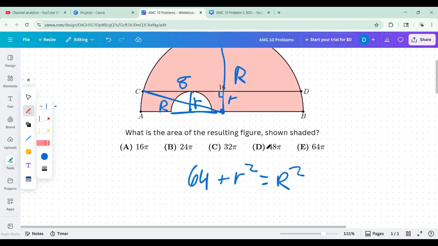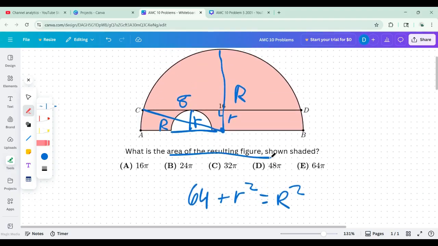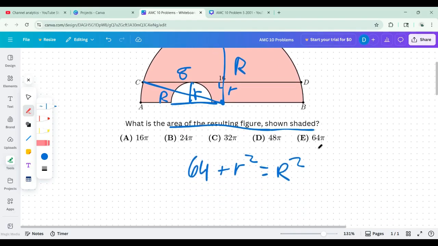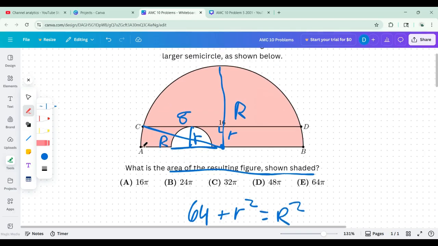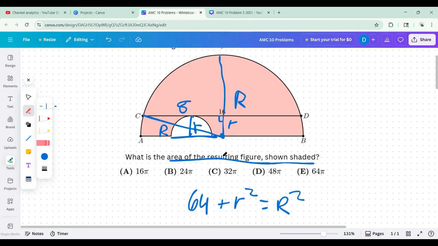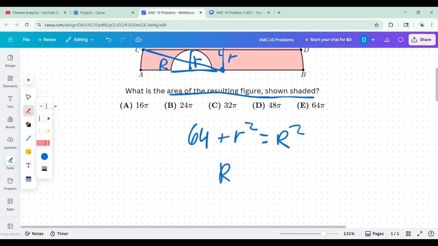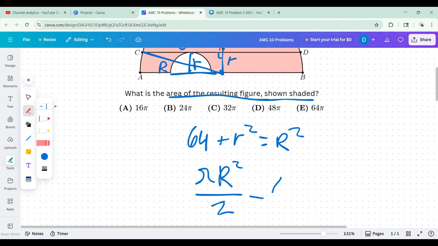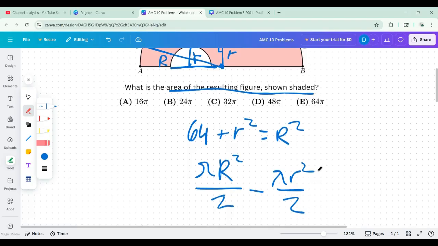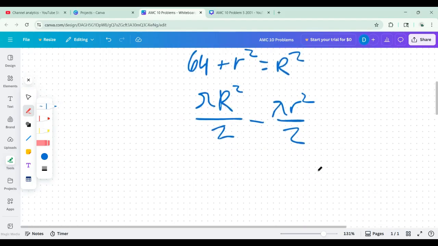Another equation that can help us find the area of the resulting shaded figure is by finding the area of the larger semicircle and subtracting the smaller semicircle. So the area of the larger semicircle is pi capital R squared divided by 2. The smaller one is pi lowercase r squared divided by 2. And then we can just substitute it in, and it should cancel cleanly.